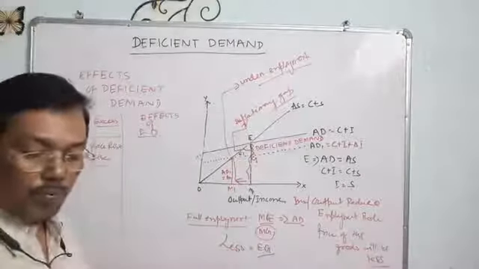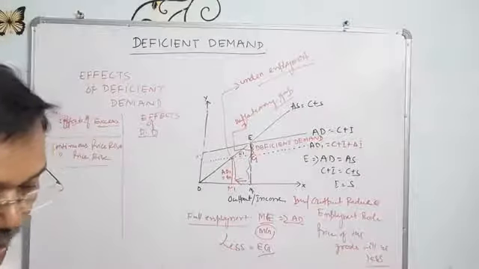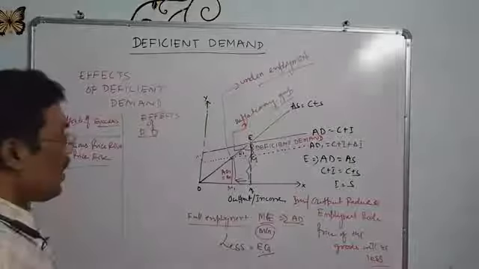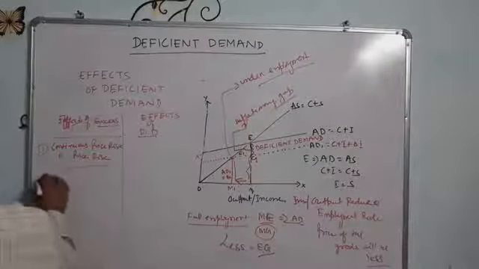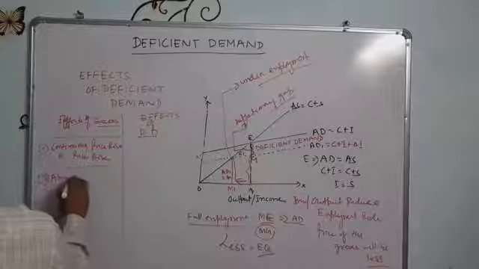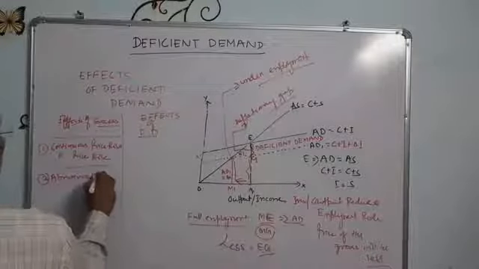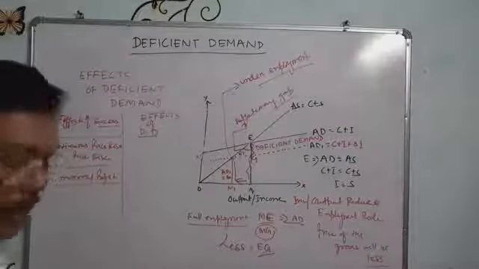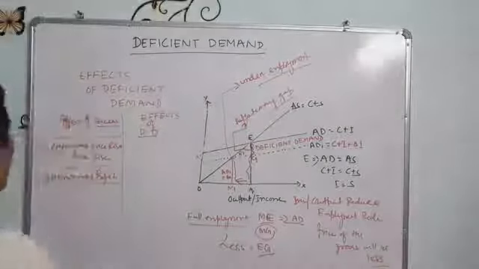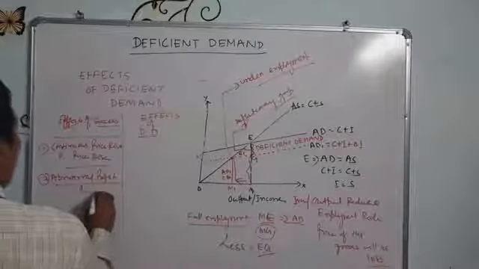Second point I was discussing: when the price rises, there will be abnormal profits. Who will get that abnormal or supernormal profit? The producer will get that abnormal profit.